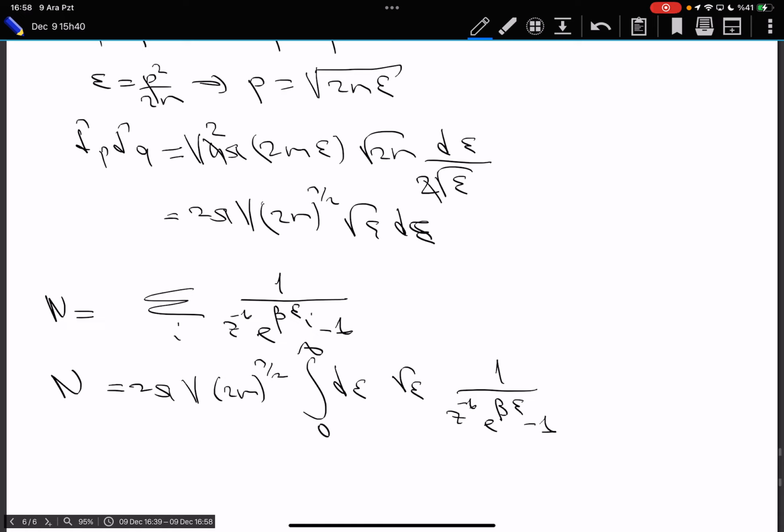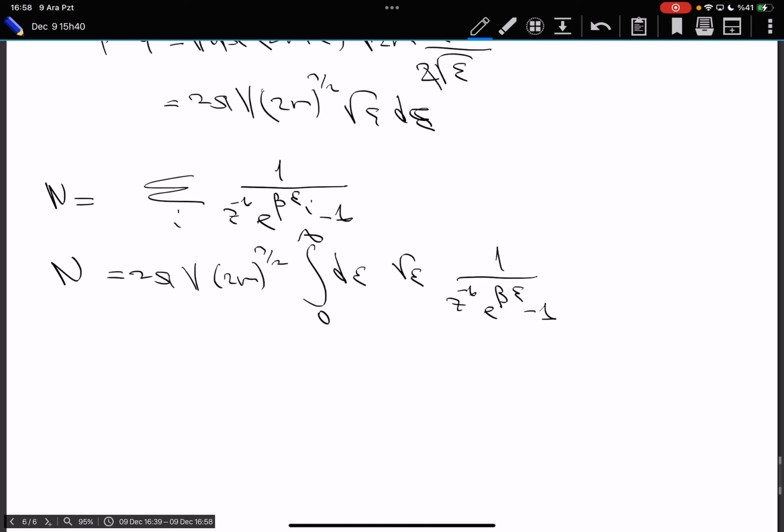I have a problem though. You see, when I replaced this sum by an integral, where this g(epsilon), the density of single particle states, is proportional to the square root of epsilon, I also said that there is no contribution from the state with epsilon equal to 0.